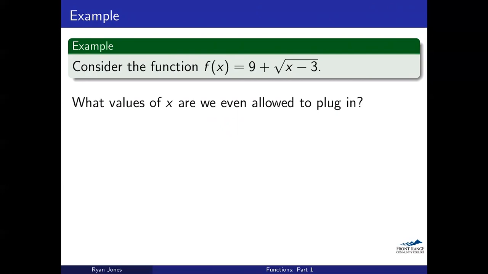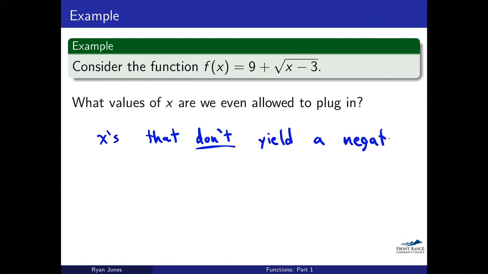We are allowed to plug in x's that don't yield a negative square root. So any x that you plug in, as long as you don't have a negative underneath that square root, then you're going to be good.